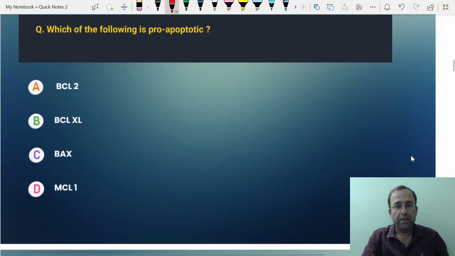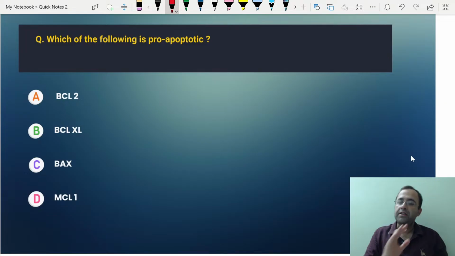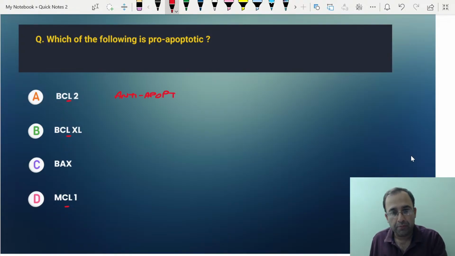Next question. Always we get a question from this subtopic also, necrosis, apoptosis, gel electrophoresis, pro-apoptotic, anti-apoptotic genes. You very well know any gene with L in it, that is BCL2, BCLXL, MCL1, any protein with L in it is anti-apoptotic in nature.